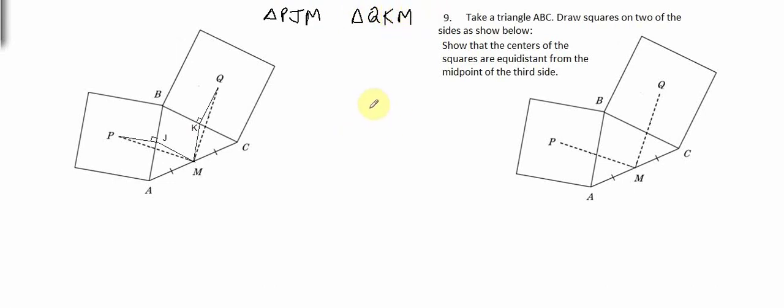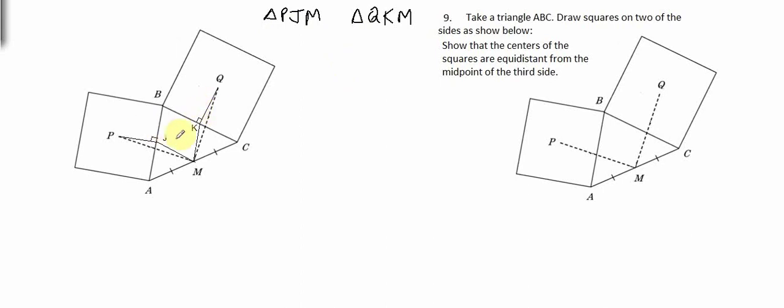This is what we will show, and that PM and QM are equal. PM is equal to QM will follow. So let us begin our proof of these two triangles being congruent.